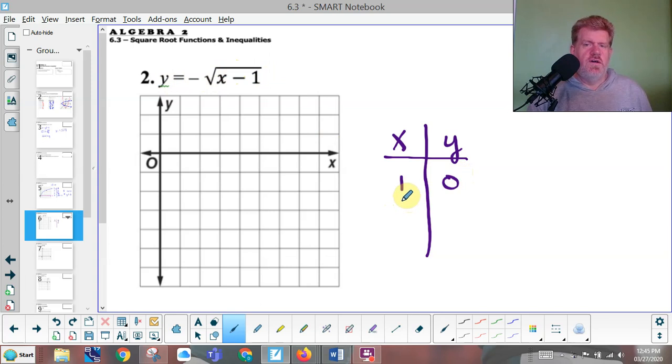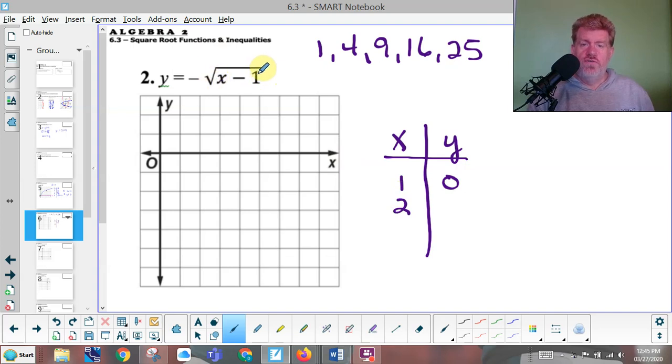Now let's pick a number that we can take the square root of. And remember what your perfect squares are. 1, 4, 9, 16, 25, so on. Okay. What x value can I pick to give me an answer of 1? Luckily, 2 minus 1 is 1. So if I plug in 2, 2 minus 1 is 1.